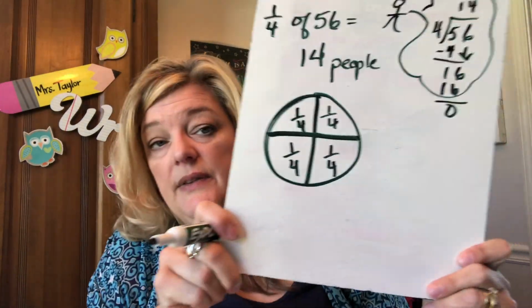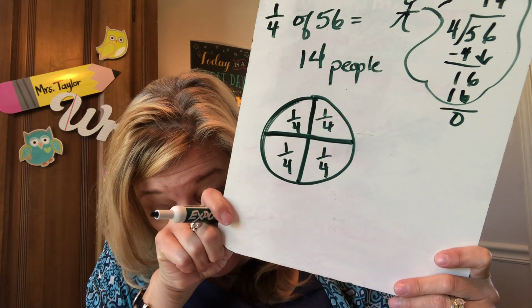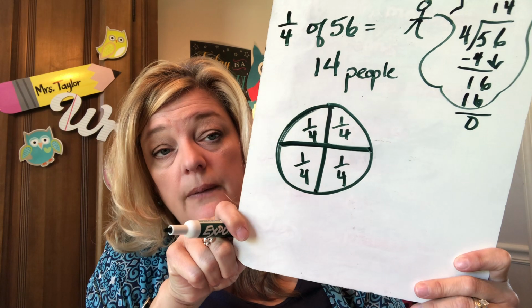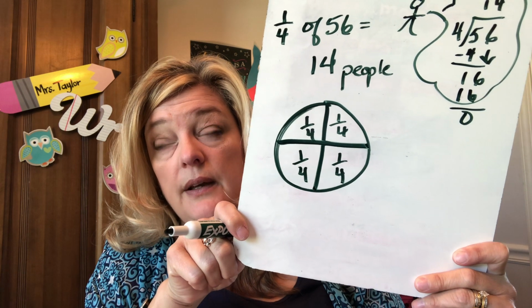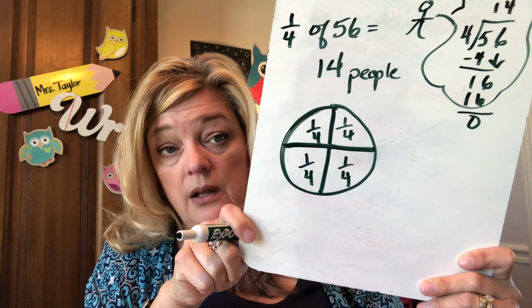Think about this, remember when we use 1/4, this is 1/4, this is 1/4, this is 1/4, and this is 1/4. I want you to think about that little circle there. If I divide it into 4 equal parts, think about a dollar bill. It has 4 quarters that equal $1, right?